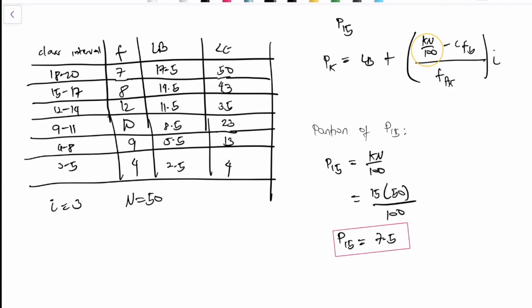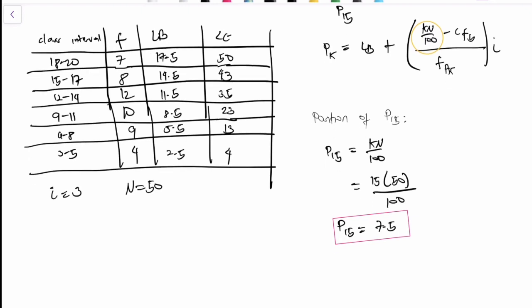We use the position of the P15 to find which class interval we should use for the values of our LB, the cumulative frequency, and the frequency. So for 7.5, we look at our cumulative frequency table.